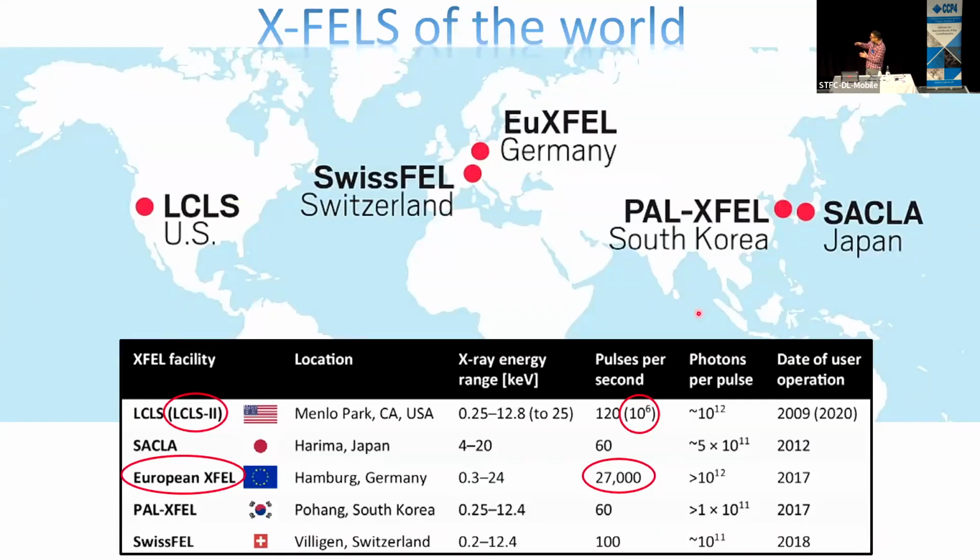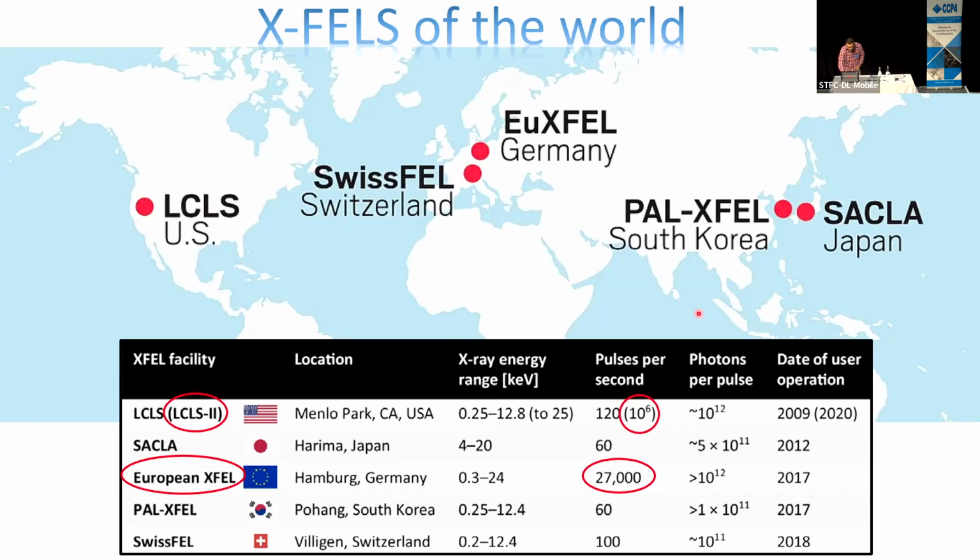LCLS-II is a currently in-development extension of the LCLS, and it's going to be operating at up to a megahertz repetition rate. And the European XFEL can do on the order of 10,000 pulses per second. So why are there these outliers?